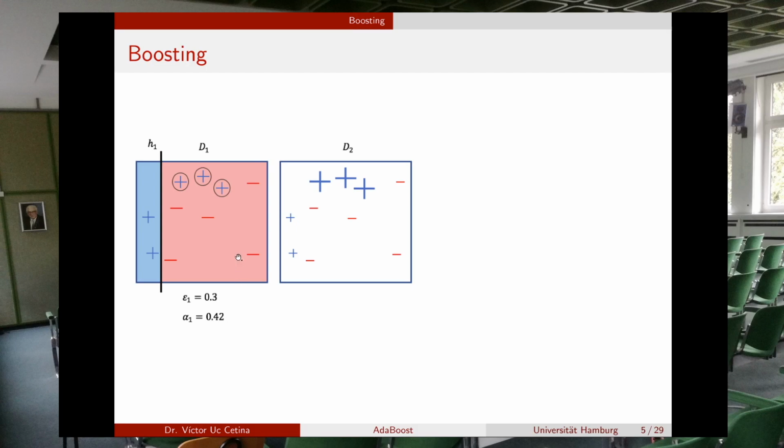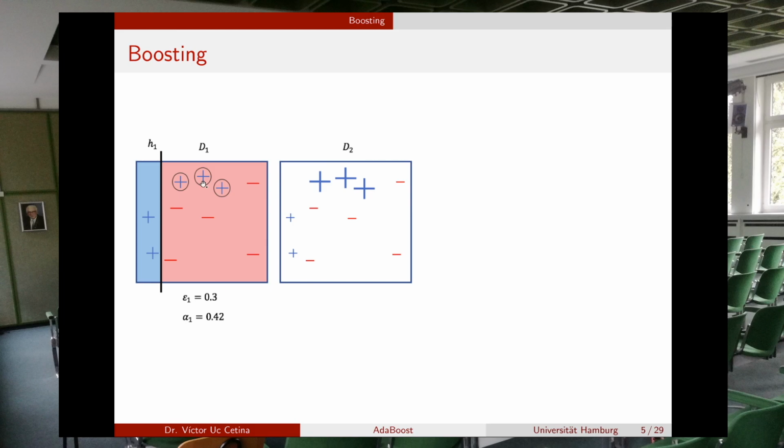So at this point we have already generated our first hypothesis, our first weak learner. We have calculated the epsilon of that weak learner, and also the corresponding alpha. Now we change the distribution in the next iteration, iteration 2. We will increase the importance of those examples that were misclassified by our previous weak learner.